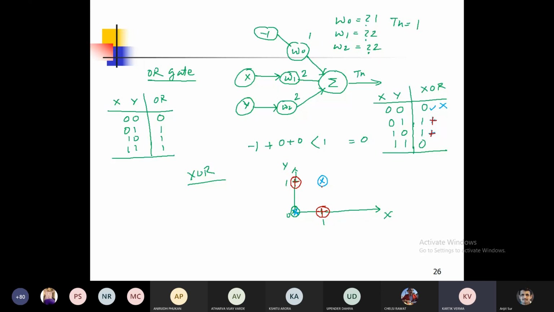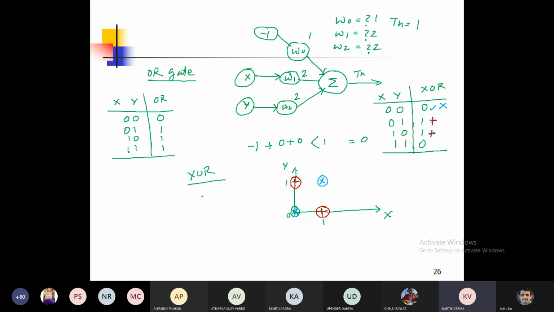So can you get a single straight line to separate these data points? This is the problem. It is not possible.